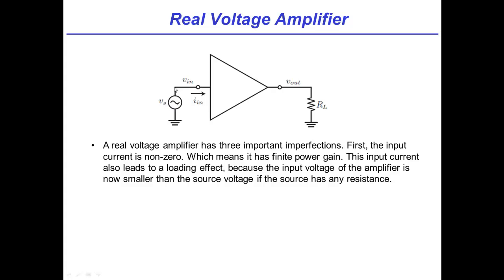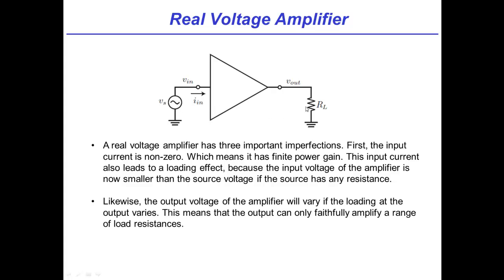It's going to be V_S minus the voltage drop across the source resistor. And so that's called a loading effect. Essentially, the moment that any current is flowing through there for any realistic input source, which will be pretty much anything, your V_in, the voltage that's presented to the amplifier for it to amplify, is not going to be exactly what is coming out of the source.